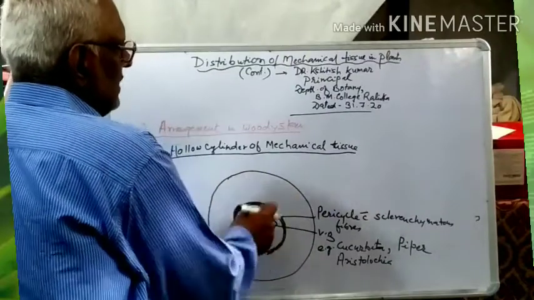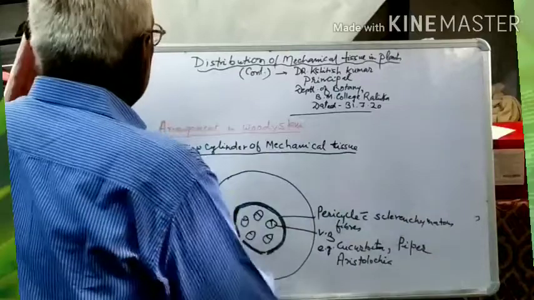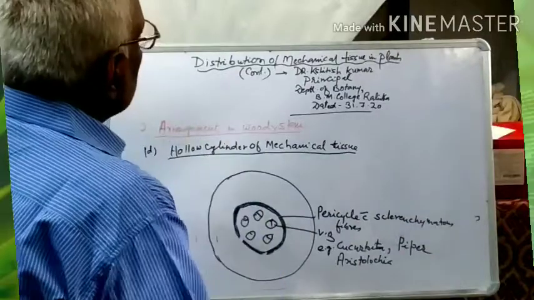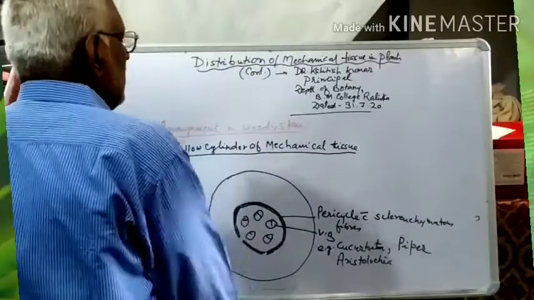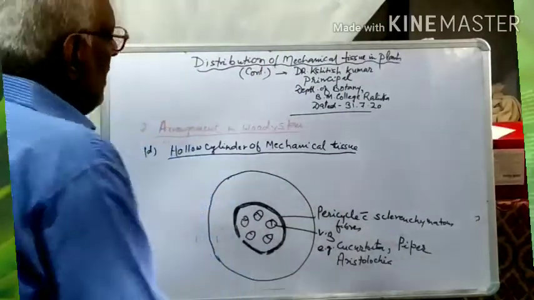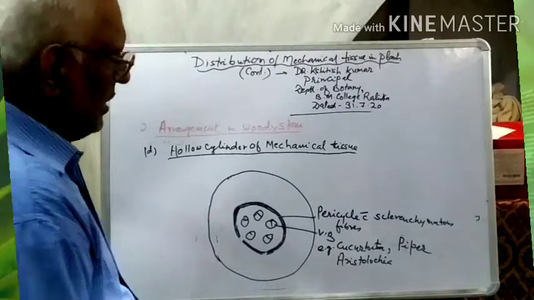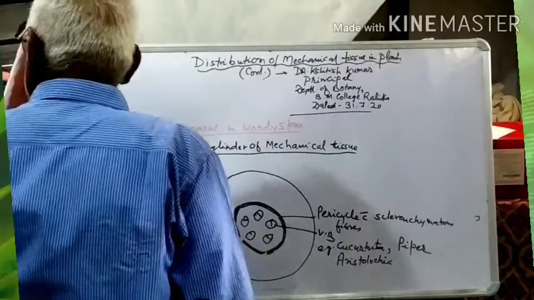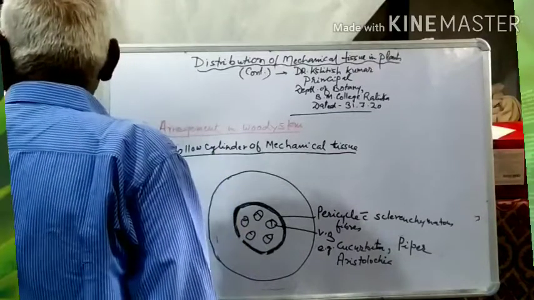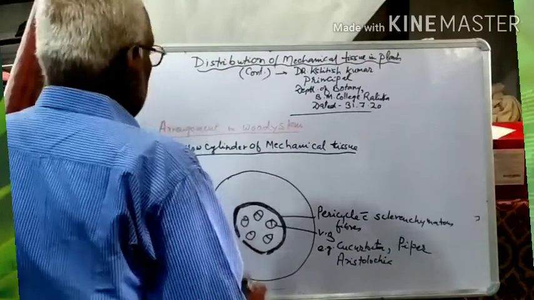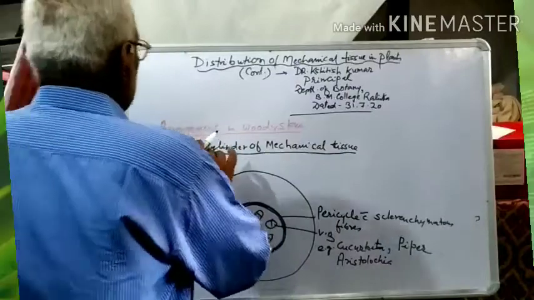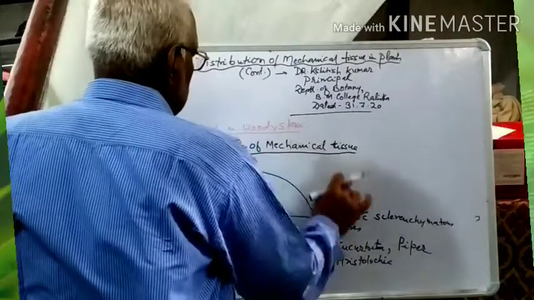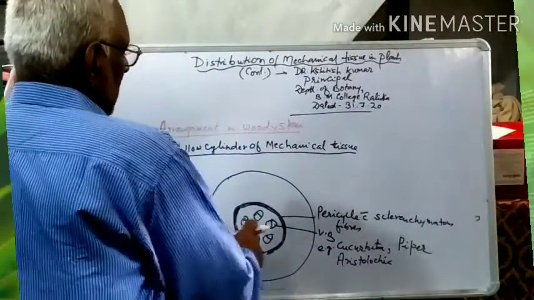of the sclerenchymatous fiber cylinder, and it gives support to the plant to tolerate the different type of forces generated by the wind. In some other cases, in this heading, there are certain variations.